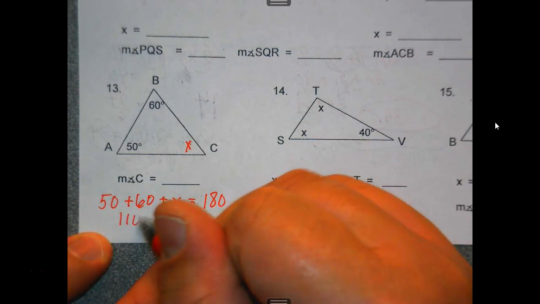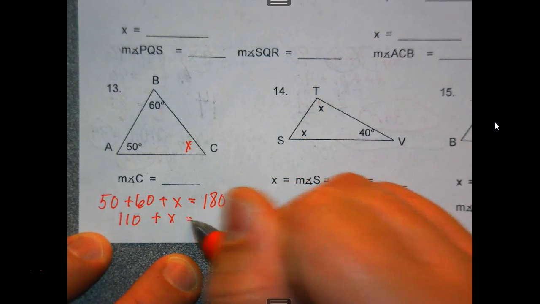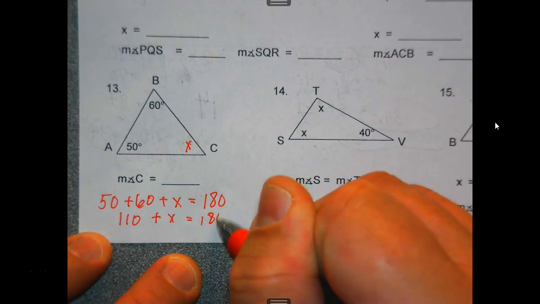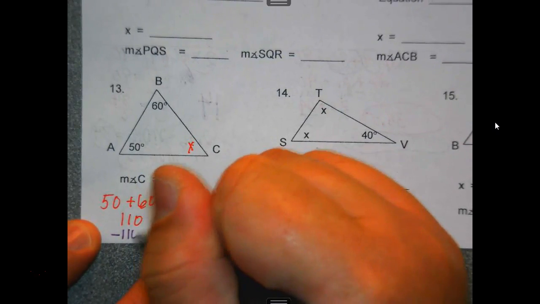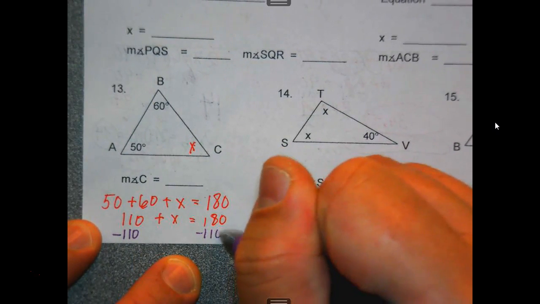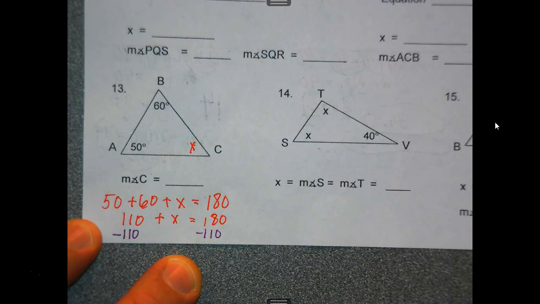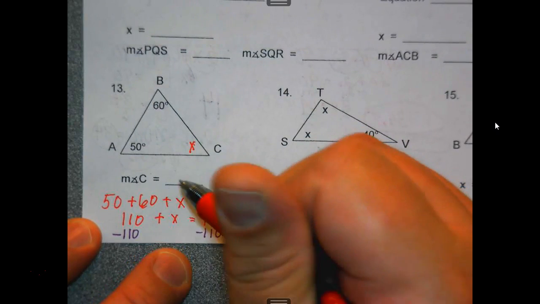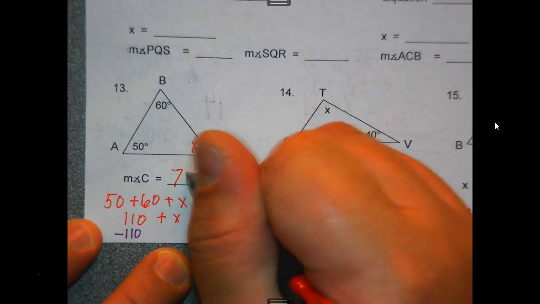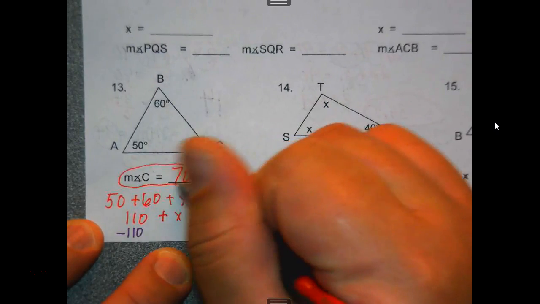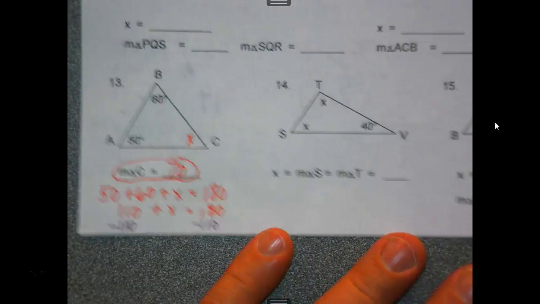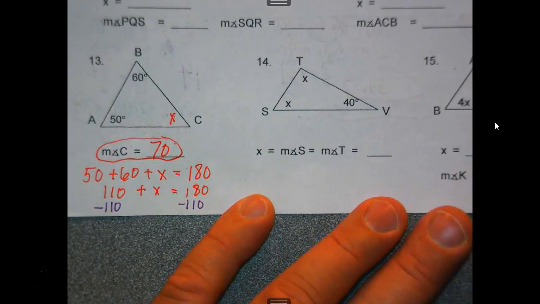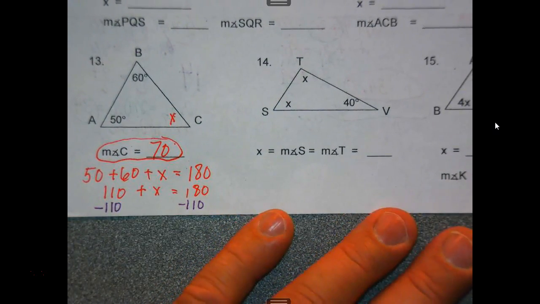So 110 plus x equals 180. Subtract 110. I just did the easy way. I did 50 plus 60. Yeah, I know. But it's going to get harder. This is not an equilateral or equal angular triangle.